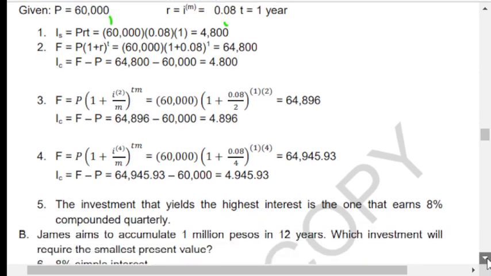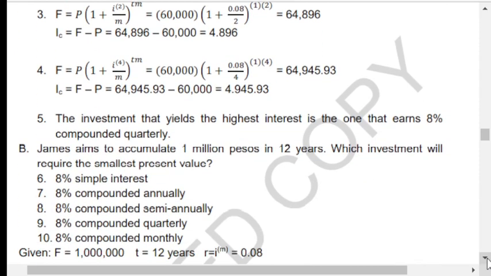Okay, number 4 is quarterly. So quarterly, therefore, your 8% you divide by 4, and then your 1 year times 4.